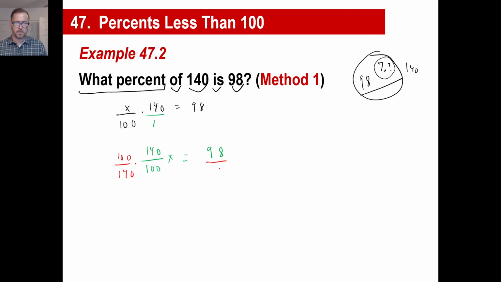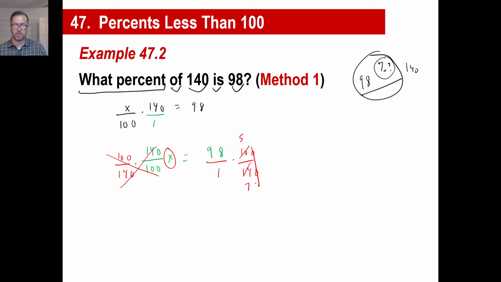Same thing. So treat it as 100 over 140. That goes away, of course. You got your x. 98 times, and again, if you want to start knocking things down, you can knock off a 0 here. 10 over 14, you can knock that down too. 10 over 14 would be what? Let's see, 5 over 7?